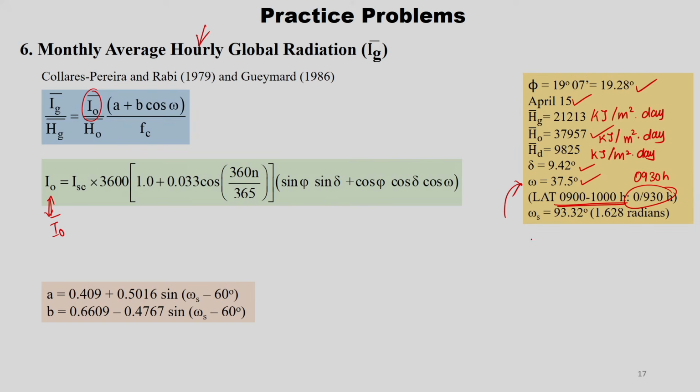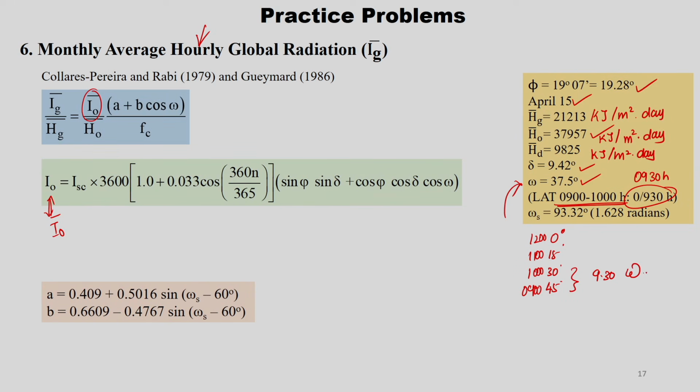As we said, 12 is 0, 11 is 15, 10 is 30, 9 is 45, then 10 is 30, 11 is 15, 12 is 0. So what we are taking is 9:30.